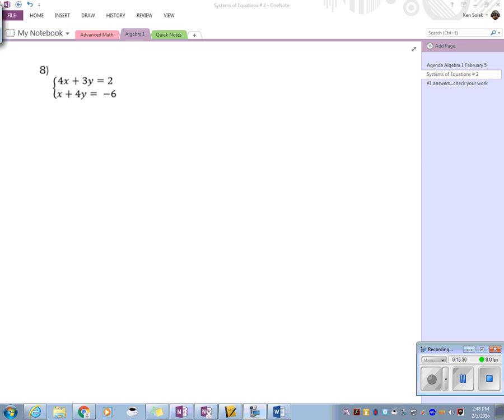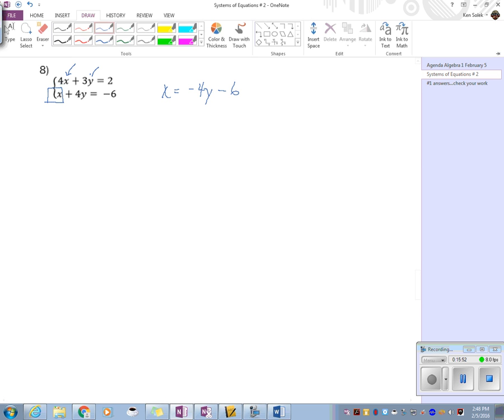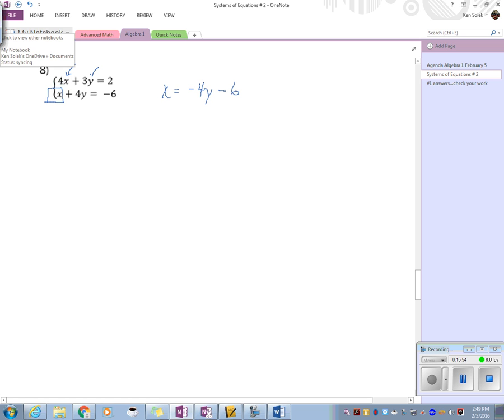Okay, number 8. To solve number 8, this one is the one that I'm going to solve for x because it has 1 as a leading coefficient. So it's negative 4y minus 6. And in place of this x, I'm going to put negative 4y minus 6.